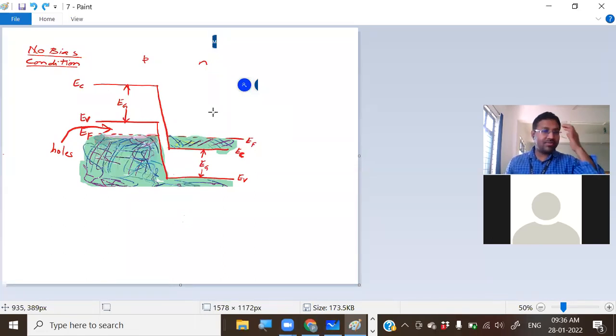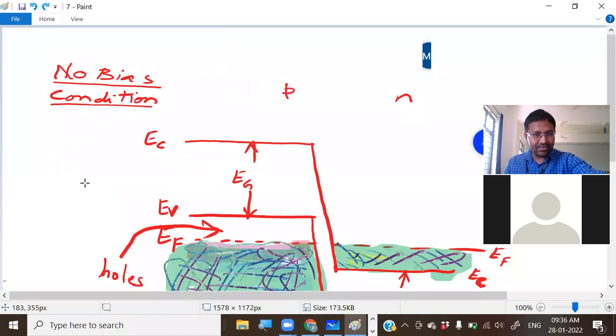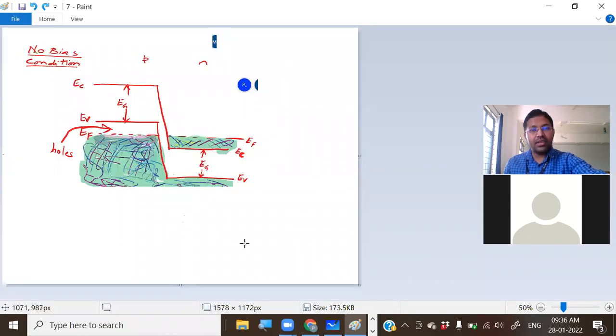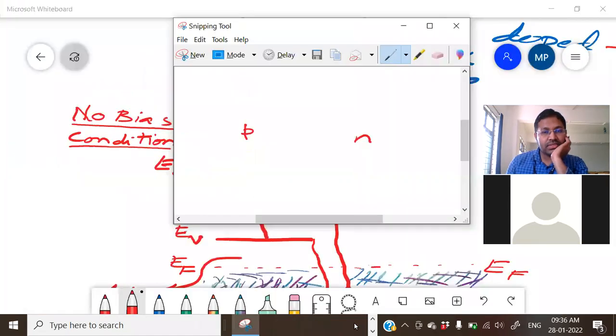Now what happens when we apply reverse bias? First, under reverse bias condition, what do you mean by reverse bias condition? Next, we will consider the case of reverse bias.